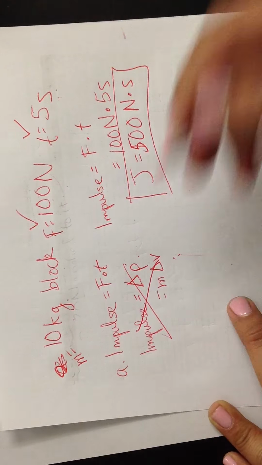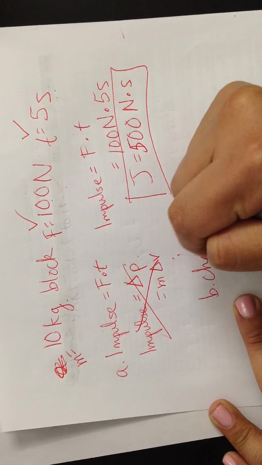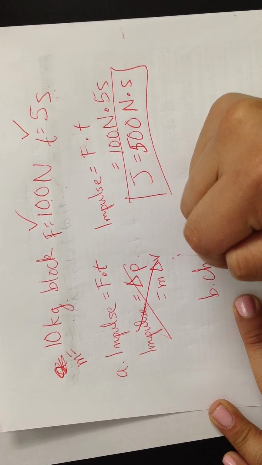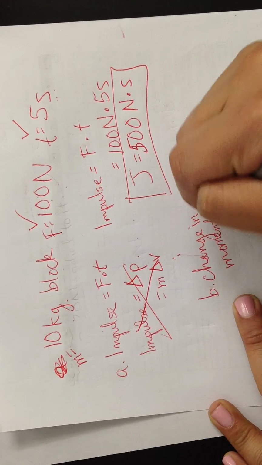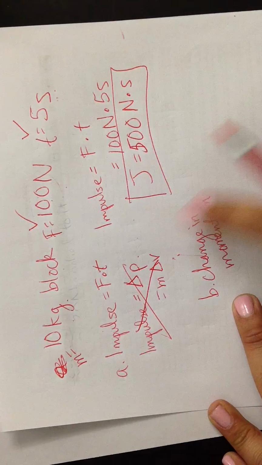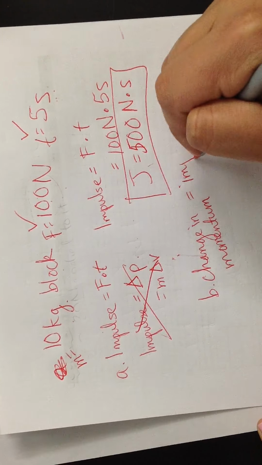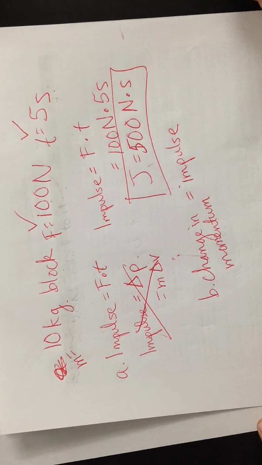Okay. Now part B is going to ask me to find the change in momentum that this force is now causing to this object. If you remember, we learned a theorem that says change in momentum is equal to my impulse, right?